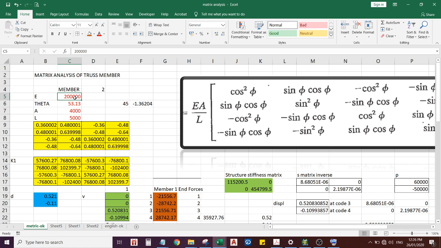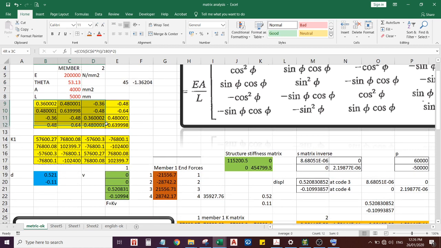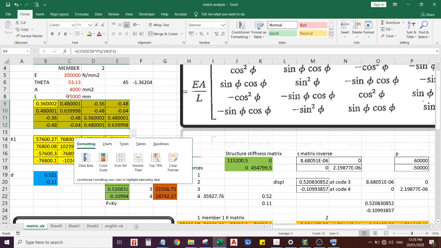Okay, and our E is 200,000, because it is in megapascal. Then mm square, then mm, and then E for Newton per mm square. So I'll have this, according to this.